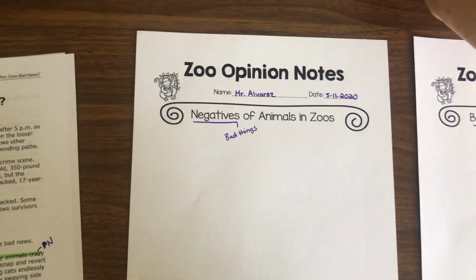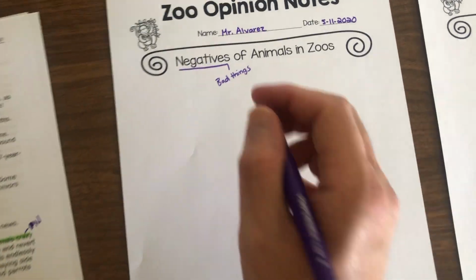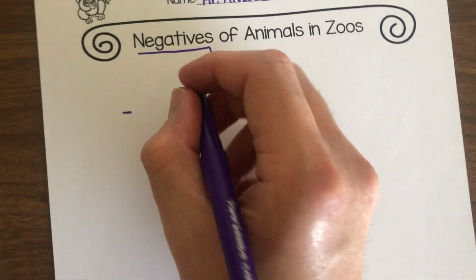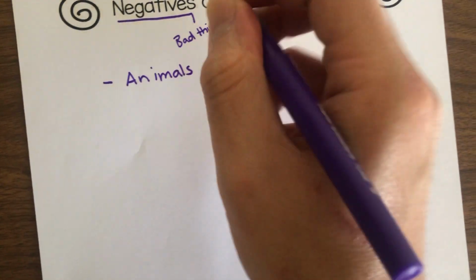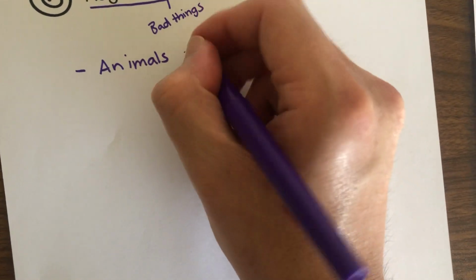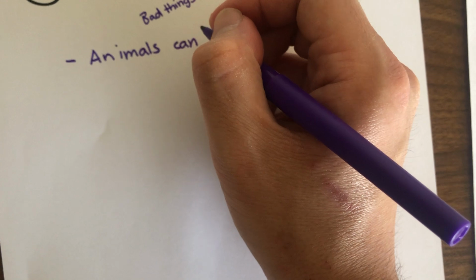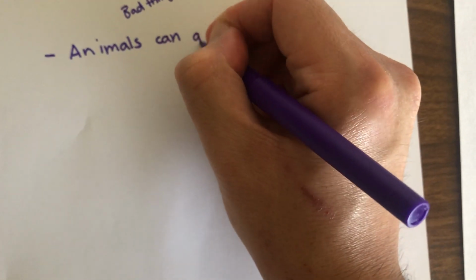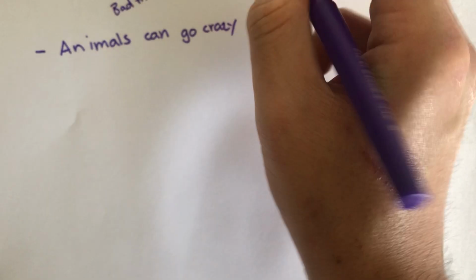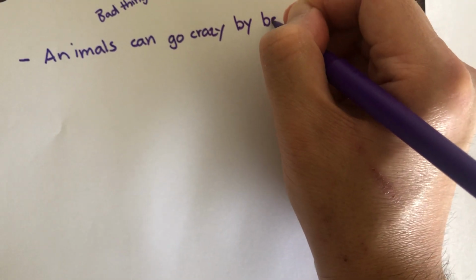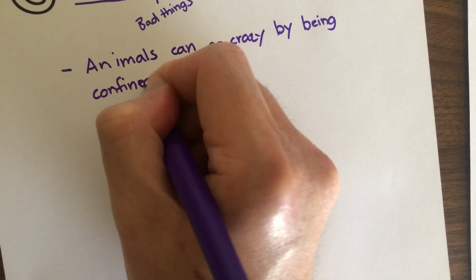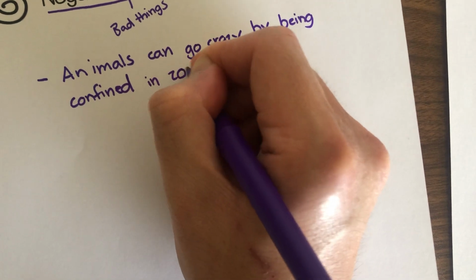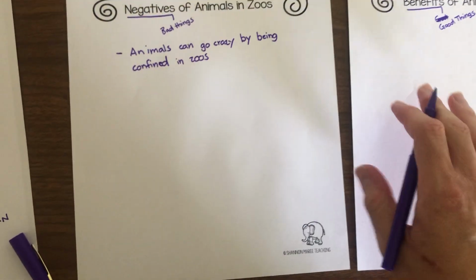One thing I can write on my list about negatives of animals in zoos is that animals can go crazy by being confined in zoos. All right, so that's one thing I can write as a negative.